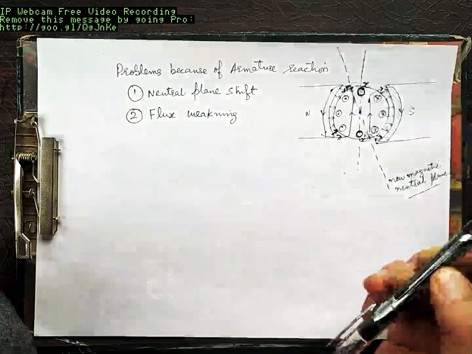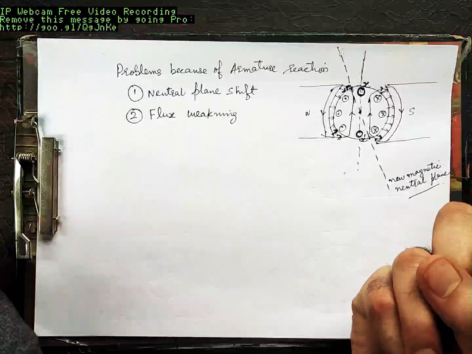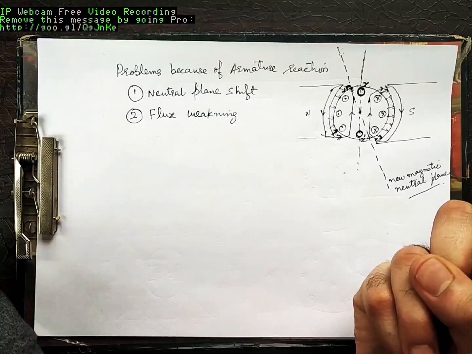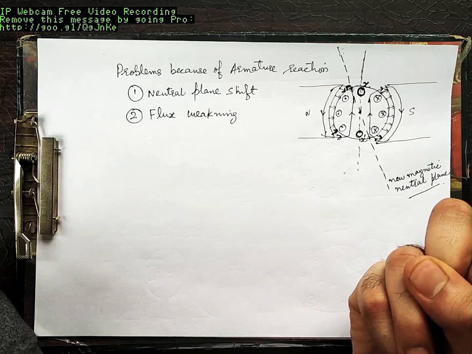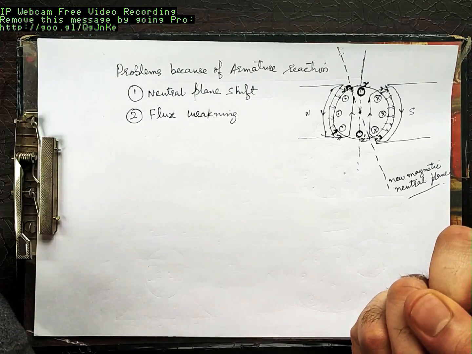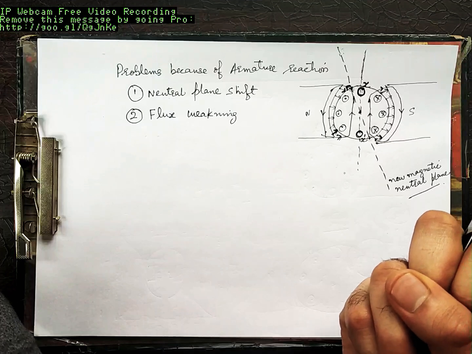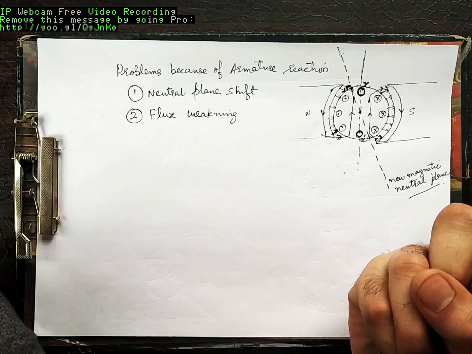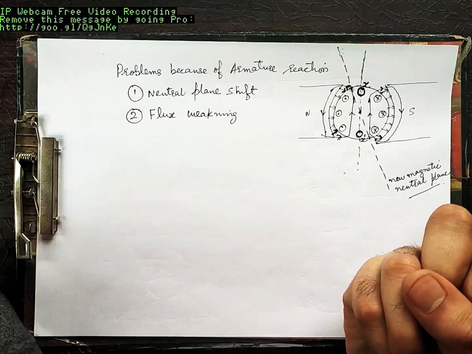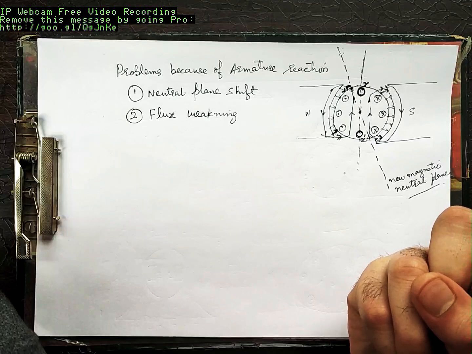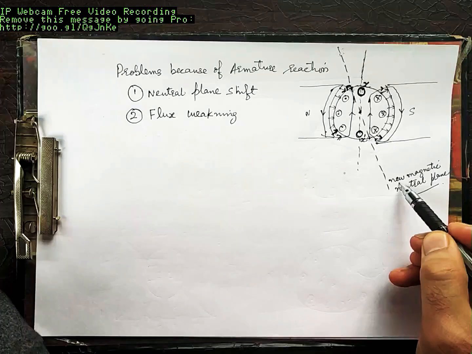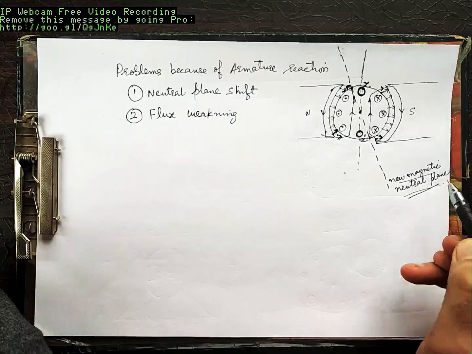Now the question is, where would you keep the brushes such that they short circuit the commutator segments when the voltage induced in the windings connected to those commutator segments is zero? You cannot keep it at one place. Why? Because the position of the new magnetic neutral plane is a function of the current.